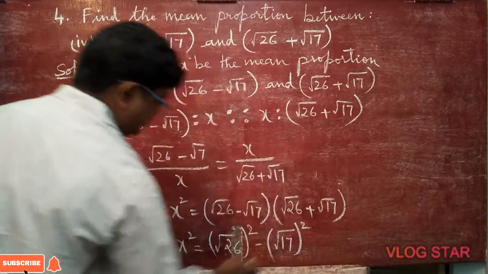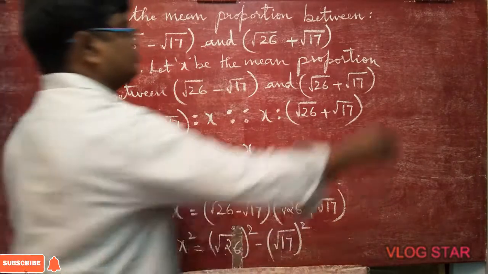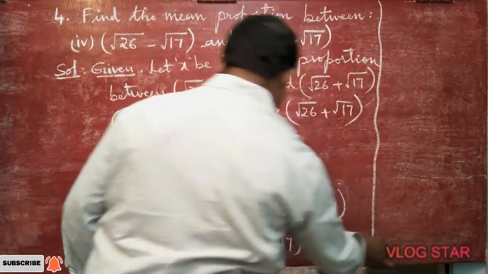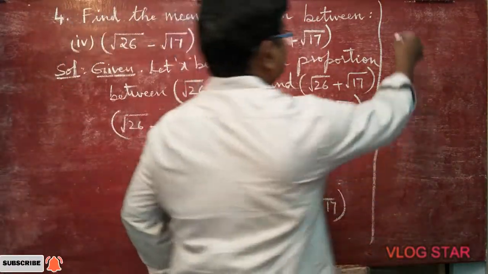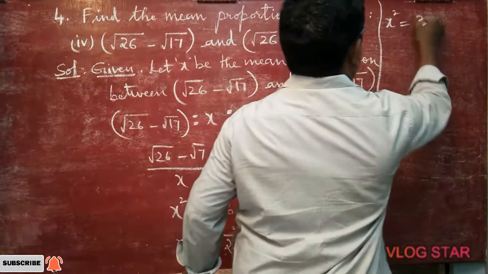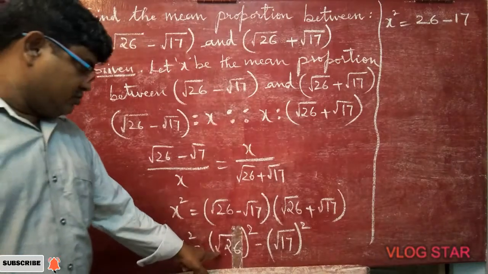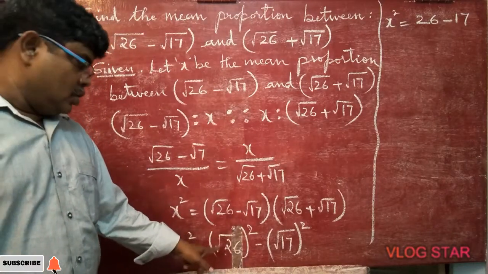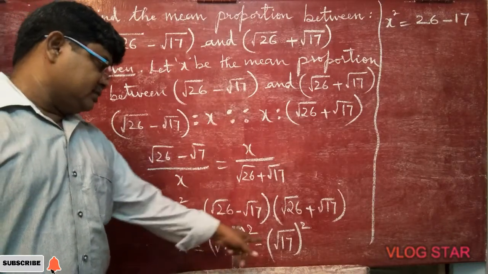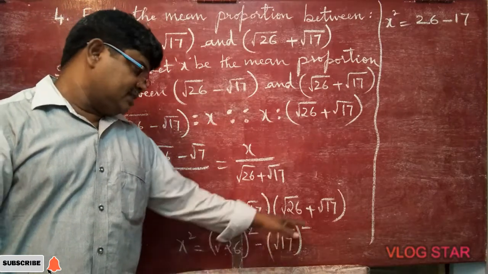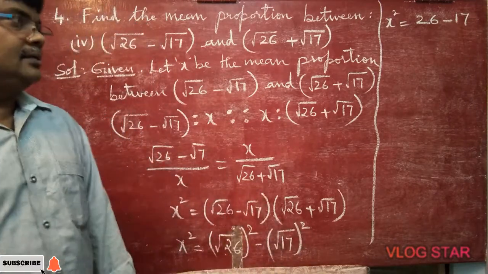Now x square is equal to 26 minus 17. How 26 minus 17? Square root and square get cancelled. Or root 26 into root 26 is 26, root 17 into root 17 is 17. Or otherwise square and square root get cancelled.